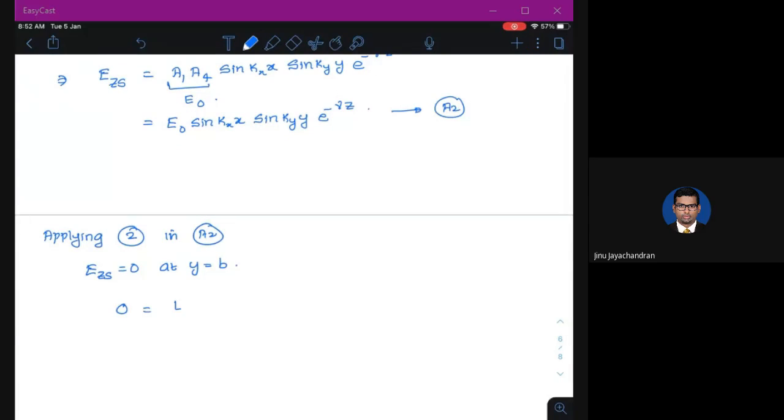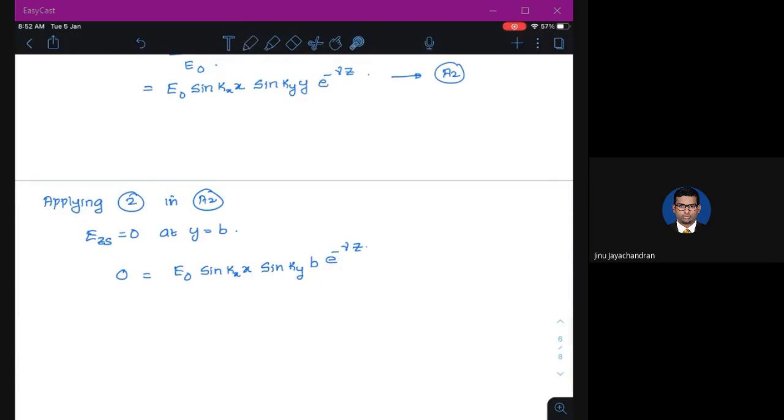So I can write 0 is equal to E0 sin kx x sin ky, and the value of y will now be b, e raised to minus gamma z. So here you have substituted y equal to b.